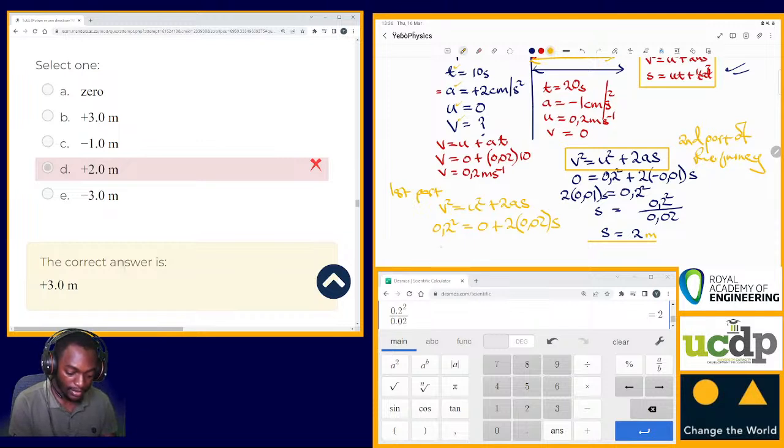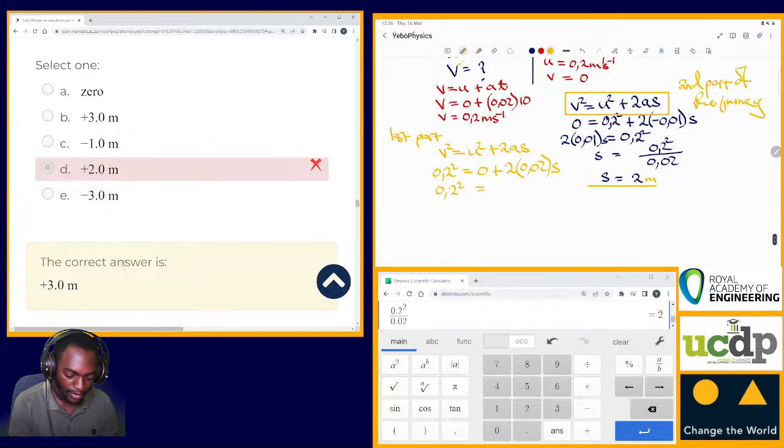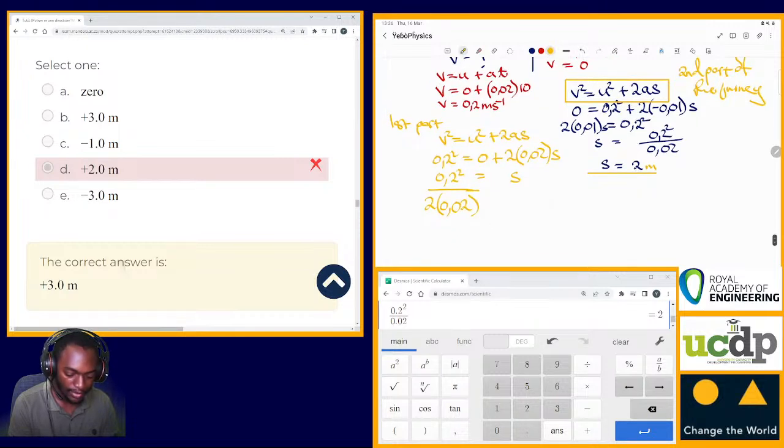So this becomes 0.2 squared equals s over 2 by 0.02.